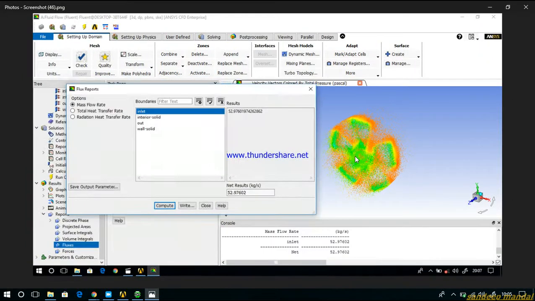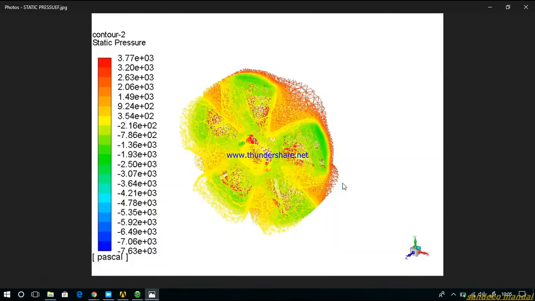Similarly here, the mass flow rate we calculated in the ideal calculation is 43, but in the analysis we obtained 52. This variation of 10 kg per second is considerable, because the analysis calculates within the whole fluid domain and we are calculating only in the z direction.